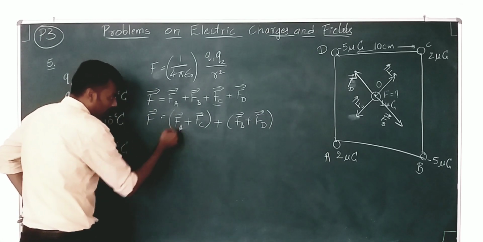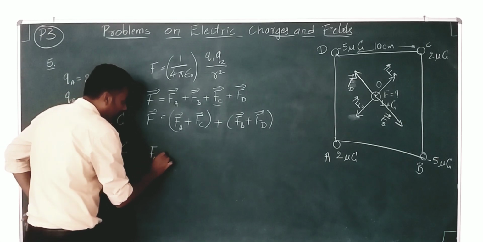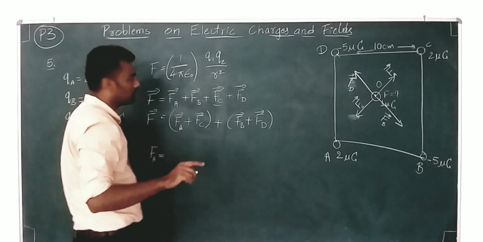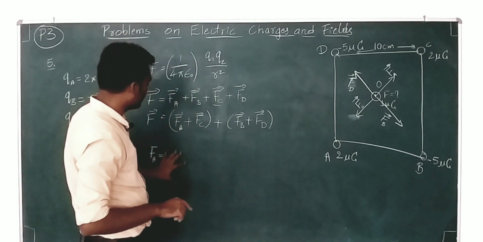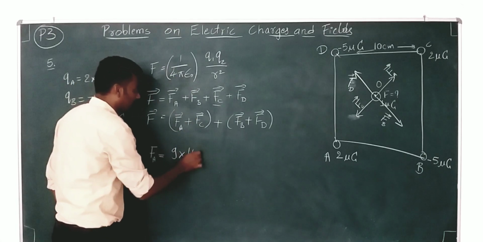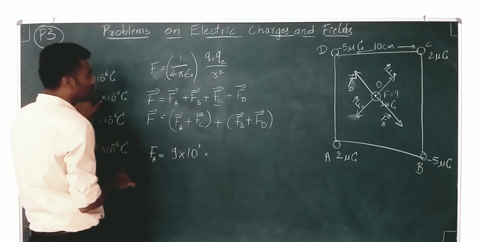Coming to the magnitude of individual forces, let me work on the magnitude of FA. 1 by 4 pi epsilon naught, since once you have written the formula, that would be enough for you. You can directly put the values here. 1 by 4 pi epsilon naught is 9 into 10 to the power of 9 into, what is the value of Q1?